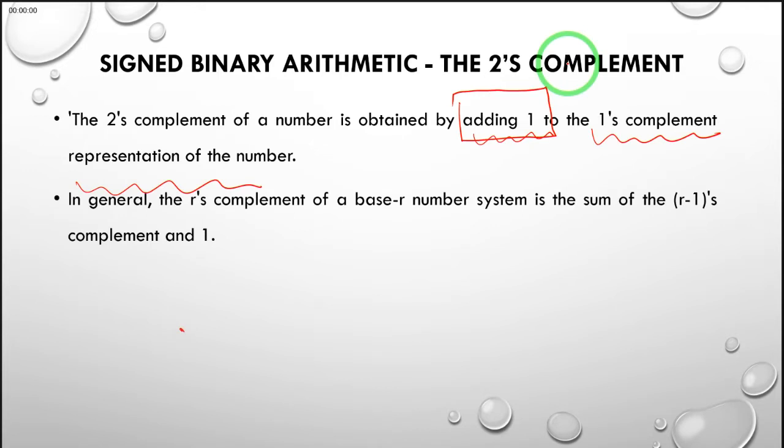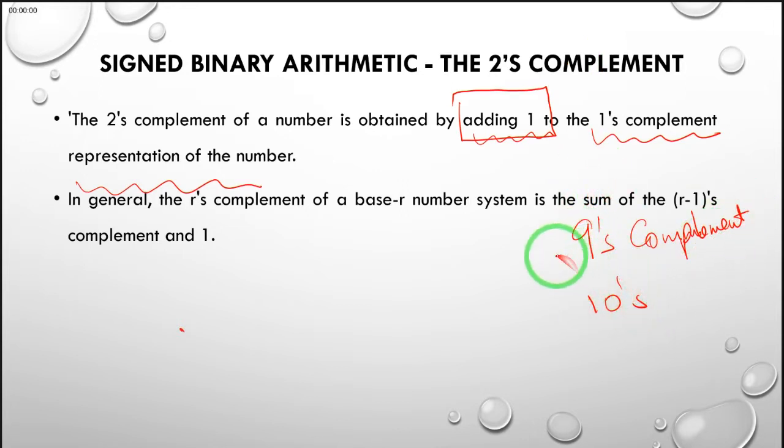In general, the r's complement of a base r number is the sum of the r minus 1's complement and 1. So that is quite simple. In the decimal number system, the r minus 1 equivalent is 9's complement, and therefore the r's complement is obtained as 9's complement plus 1, which becomes 10's complement.